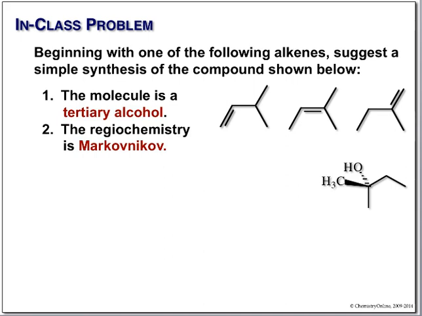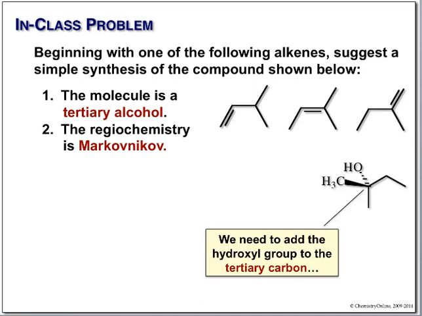How many ways do I know to make Markovnikov alcohols? Only one. Acid catalyzed addition of water. All right, so which of these? It's added to the tertiary carbon. We look at our three possibilities. There's our tertiary carbons up there.